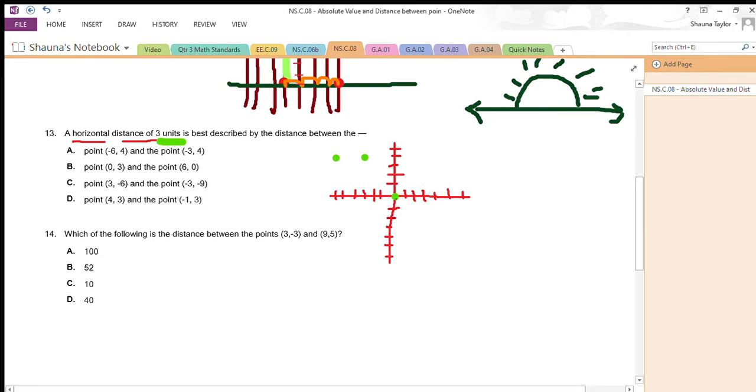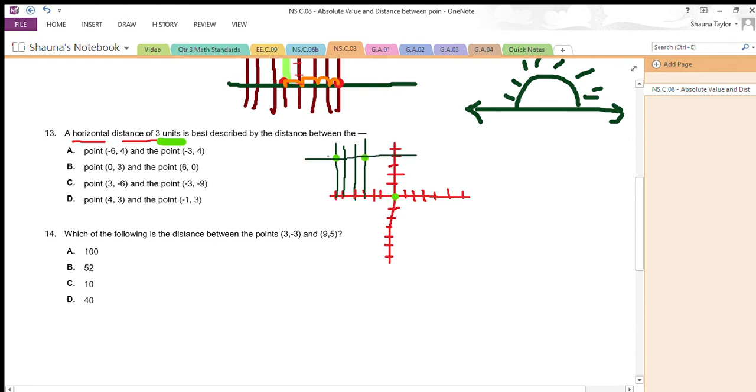Okay, so this one was -6, so this line, I'm just going to make it longer, okay? There. And then, of course, we can tell it's on this line.